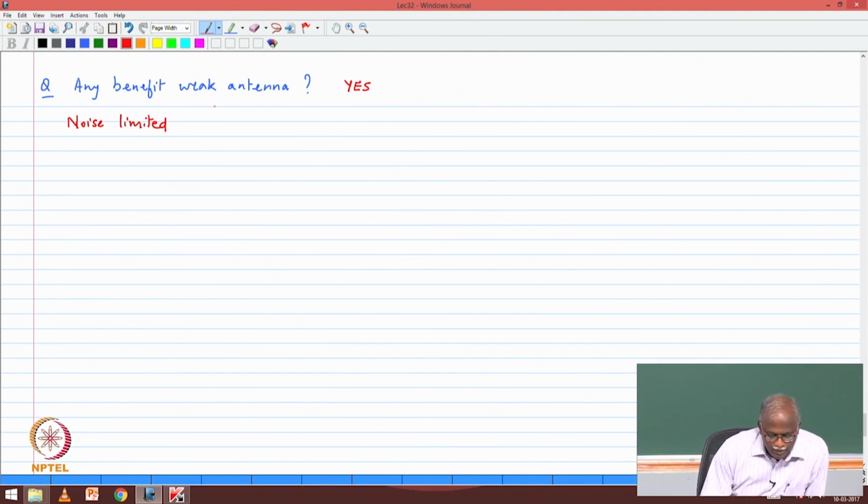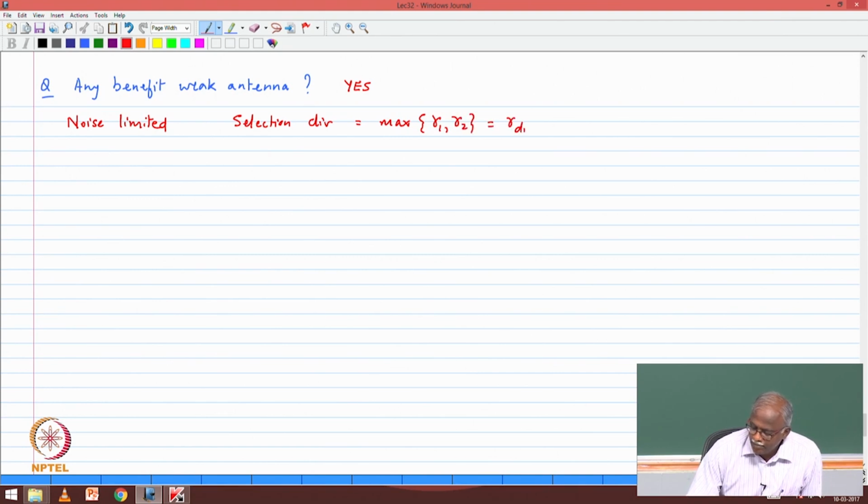In a noise limited scenario, selection diversity basically says choose the maximum of gamma 1, gamma 2, and this is the gamma diversity. Now, the problem is this will always be equal to gamma 1 if gamma 2 is much less than gamma 1, because that is the weak antenna scenario.